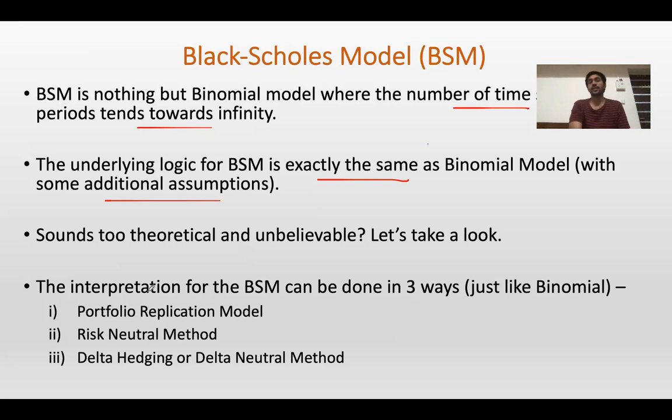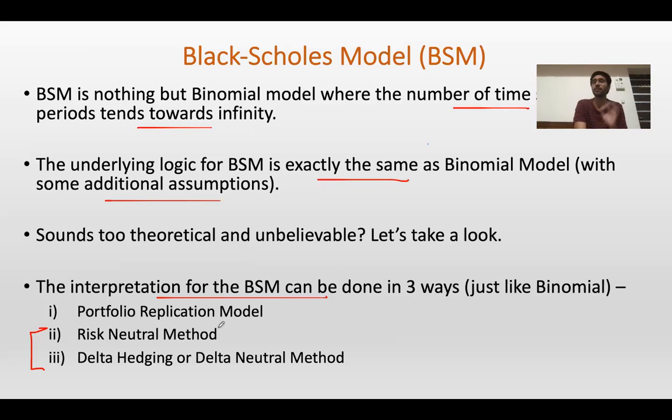I have not given you the formula for Black-Scholes yet. The interpretation of Black-Scholes will come after I give you the formula. The interpretation can be done in three possible ways, in the same way we did the binomial model. The first one, I think, is the easiest. It involves no mathematics. It's absolute intuition, and everybody is going to understand. Possibly not everyone will be able to understand risk neutral and delta hedging, but we'll make the best possible approach.